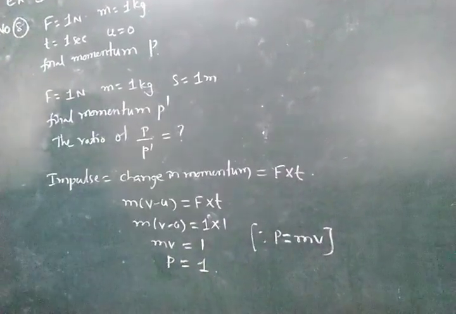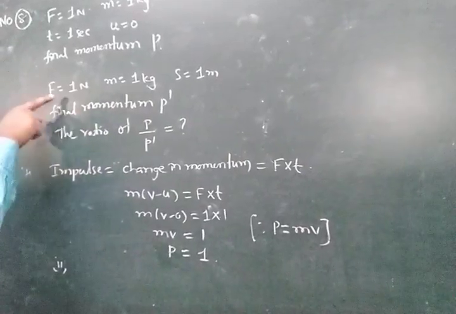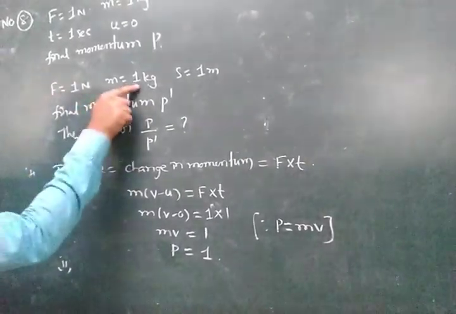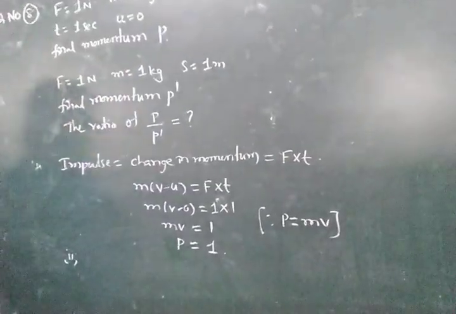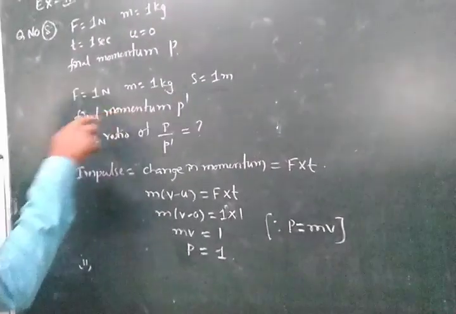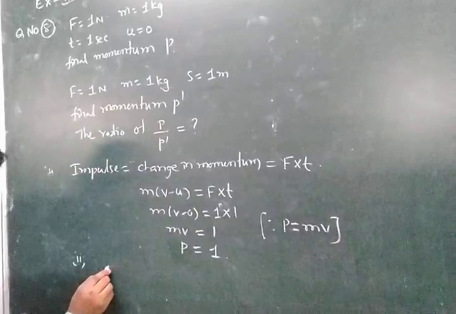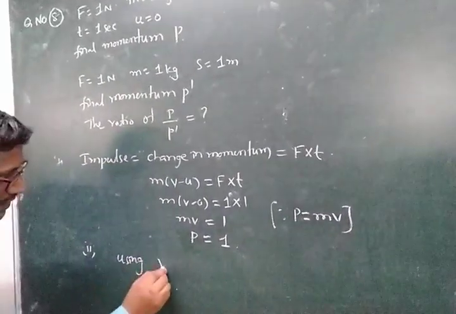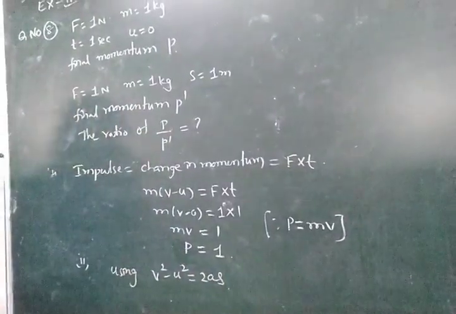In the second condition, the force is 1 Newton, the mass is 1 kg, but it travels a distance of 1 meter. Then find the final momentum. When displacement is given, we can find the acceleration using v square minus u square is equal to 2as.